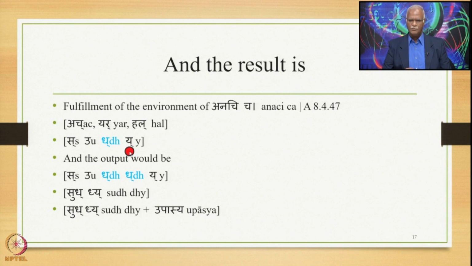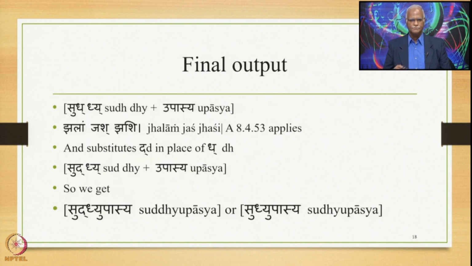So this ya will not be considered a vowel, this will be considered what it is, namely a consonant, and so now we will have dha being reduplicated, and the output would be sa, u, dha, dha, ya, the reduplicated form optionally, and so that is sudhya upasya or sudhya upasya. This will be the result because of the negation of the sthanivat bhava.